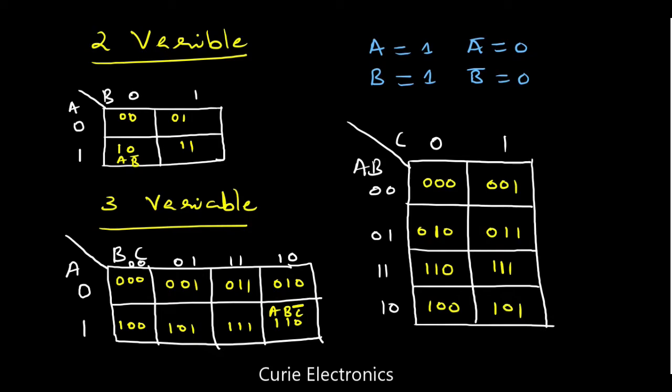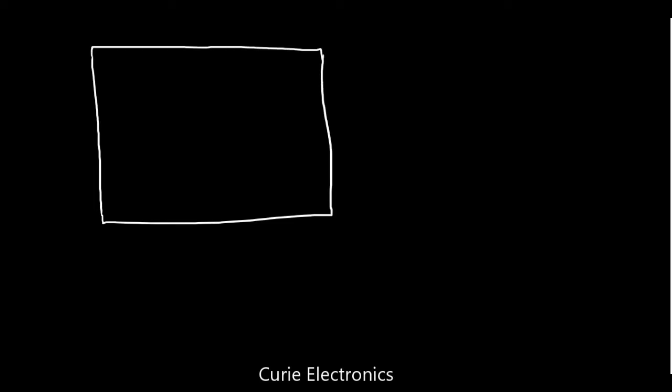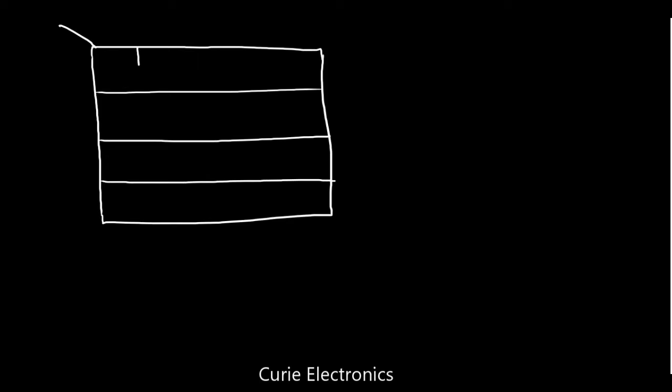And next is the 4 variable one. 4 variables means 2 to the power n, 2 to the power 4, that is 16 cells.